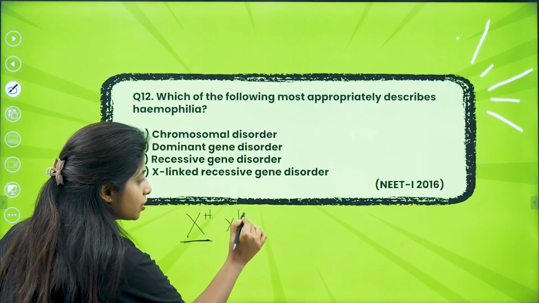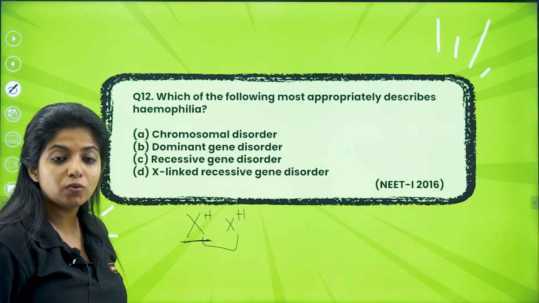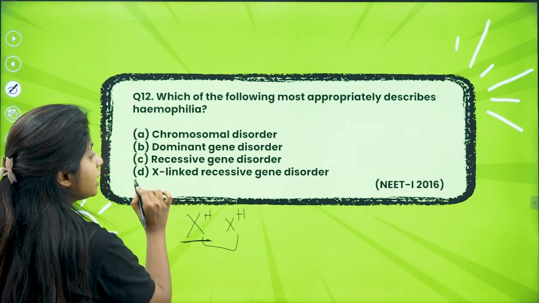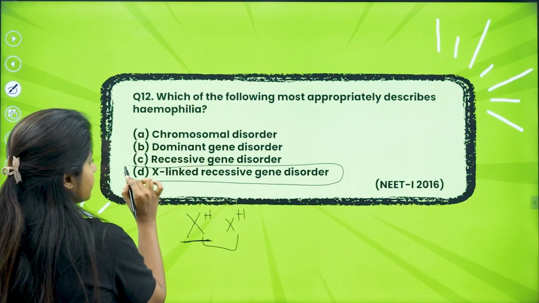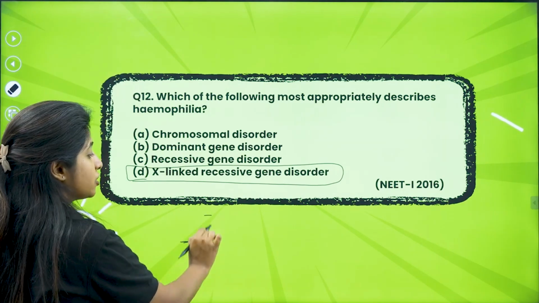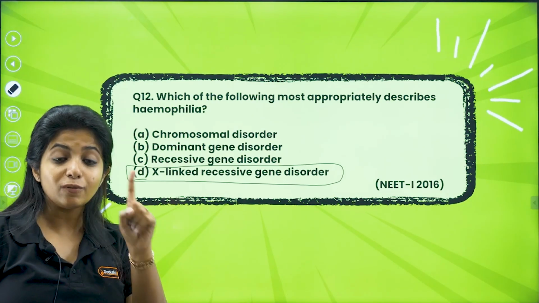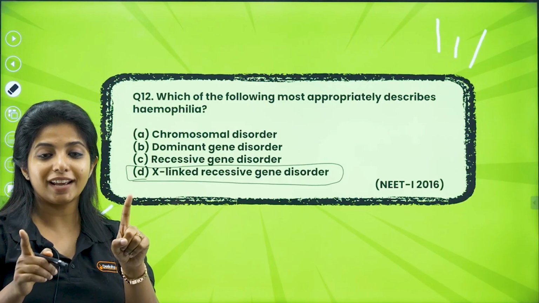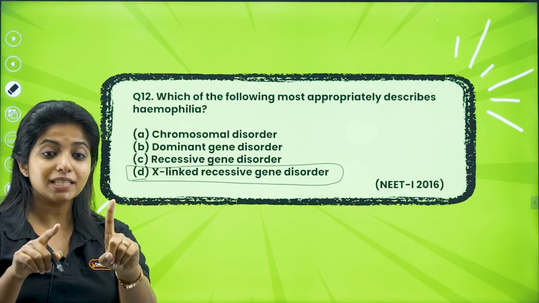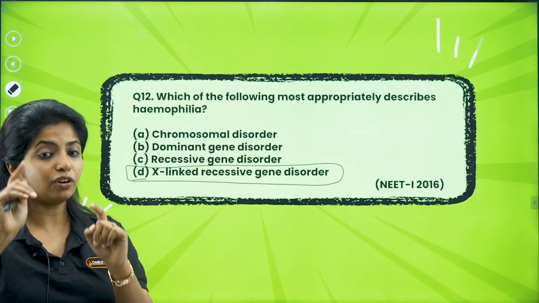Only in the recessive condition, that means when both are the same, will she be hemophilic in nature. So that is what you mean by X-linked recessive gene disorder. In the case of hemophilia, males are the ones that are mostly affected. We studied in our lecture videos. I hope you know why. Because males have only one X chromosome. There is no other X chromosome, there is only one Y chromosome. So if the X is affected, it will show that trait, because there is no one to mask the effect of X.